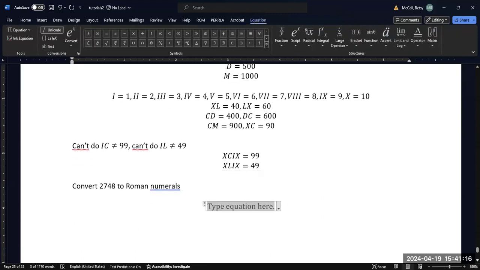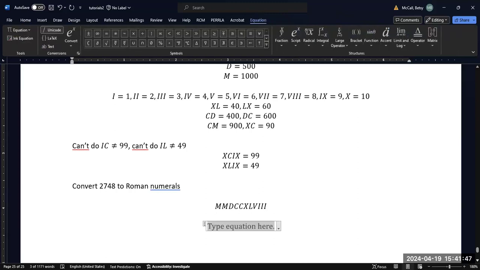All right, so we don't have to like work backward like we do in converting between bases or anything. We can just start converting from our main digits. So 2,000 is MM, 700 would be a 500 and then 2 100s.